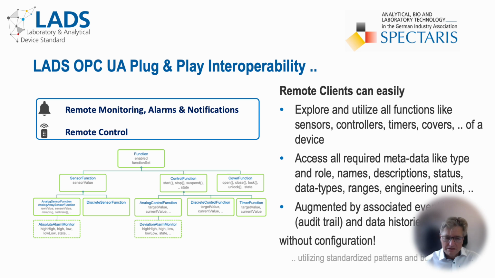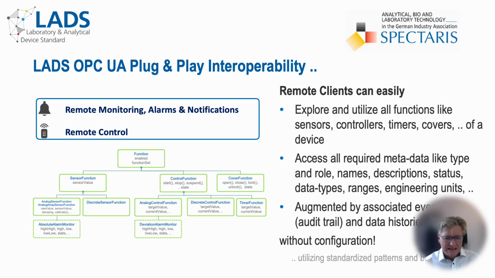The building blocks within the category called functions play a crucial role in the use cases of remote monitoring and control. With these blocks, remote clients can effortlessly explore and utilize all the device's functions, such as sensors, controllers, timers, covers, and more.